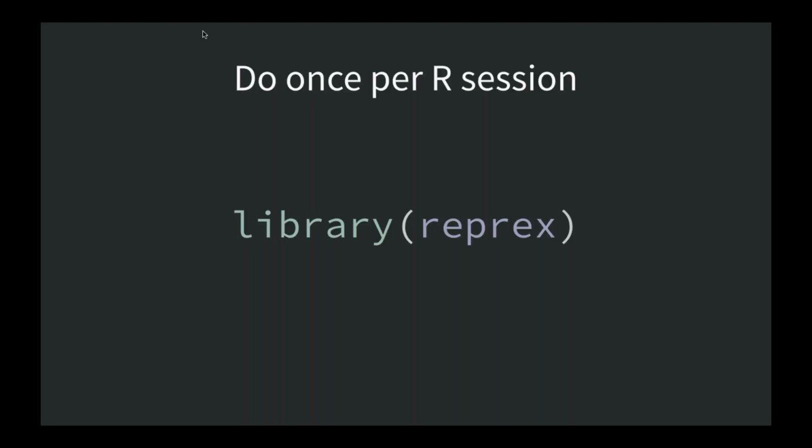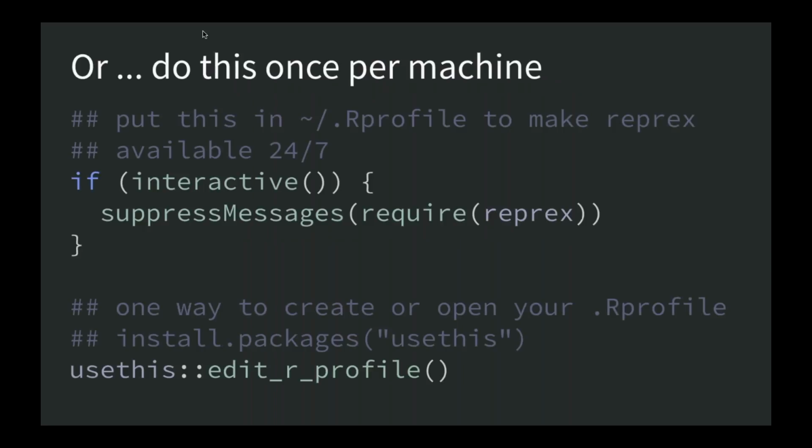Now, I use reprex several times a day for the most part, and so that would be very annoying. So an alternative, if you also become a semi-heavy user of this package, is to make it available to yourself all the time. You can control the startup behavior of R through a file called .Rprofile, and conventionally it's found in your home directory.